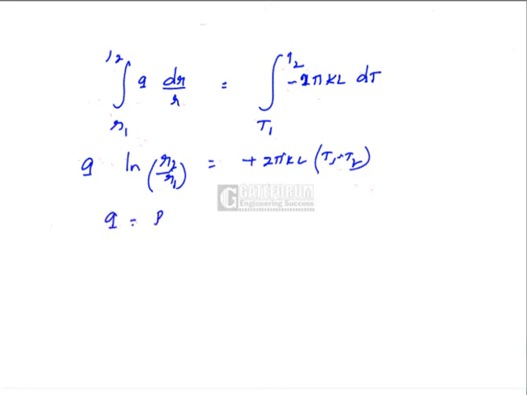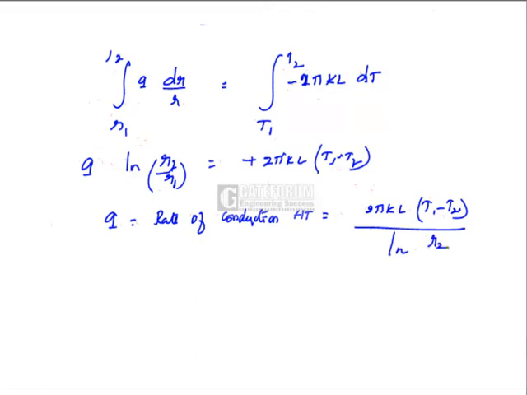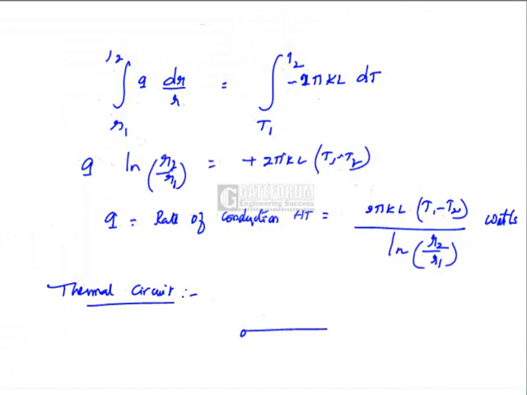Therefore, Q, the rate of conduction heat transfer, is equal to 2 pi KL into T1 minus T2 divided by log R2 by R1, so many watts.